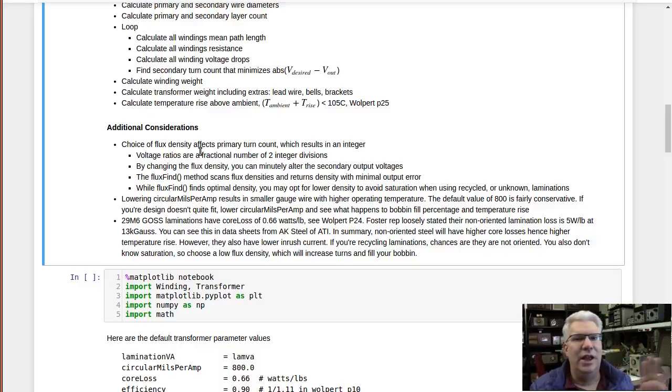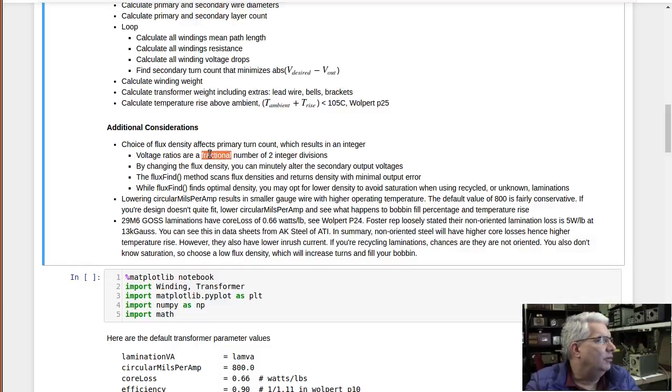And there's too many things to change when you're playing around with your design, so there's not really an optimal solution for this. It's really your gut feel and what the flux density is going to be based on your winding experience. We'll talk a little bit more about this in just a minute.